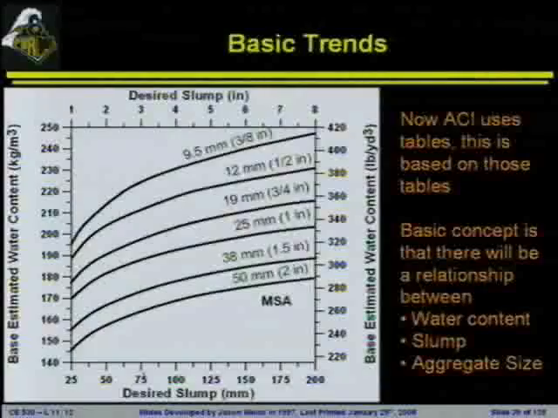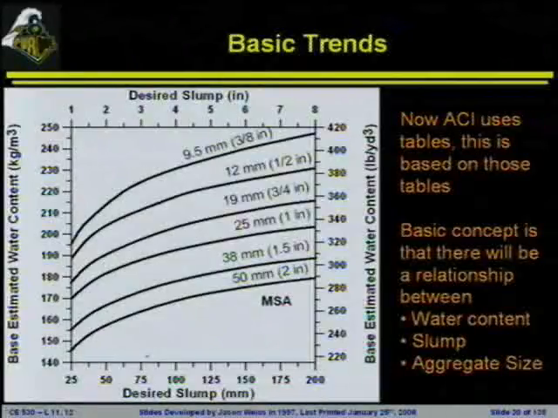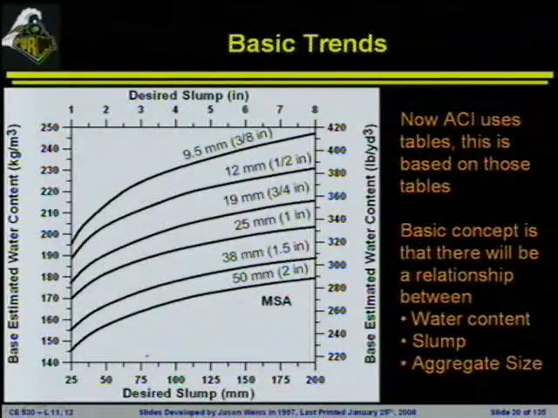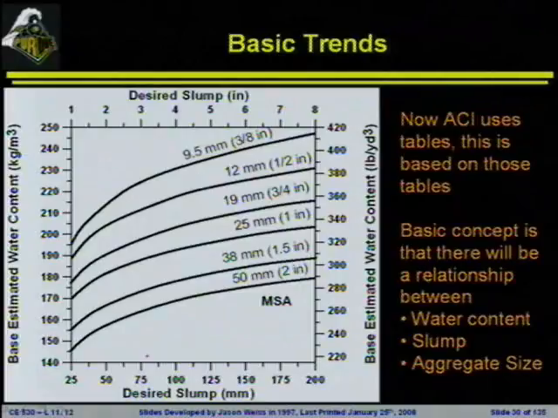Now what I've done here is I've tried to move a little bit of a step past what is in ACI 211. I've taken the data that you will see in the tables in 211 and I've made it much more exciting by making it a picture or a graph.